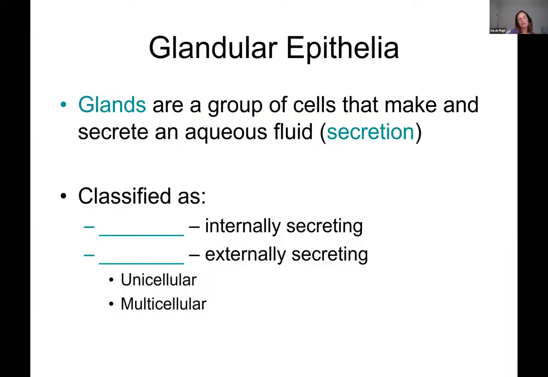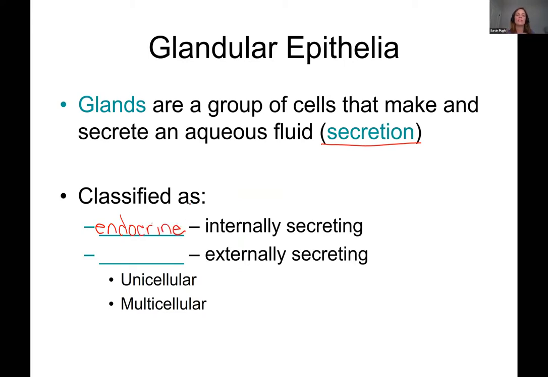Now remember, epithelium is not only a covering or a lining, but it also makes the glands of the body. And glands are just cells that secrete an aqueous fluid or a secretion. So we have different glands in the body. We have glands that secrete internally, and we call these glands endocrine glands.